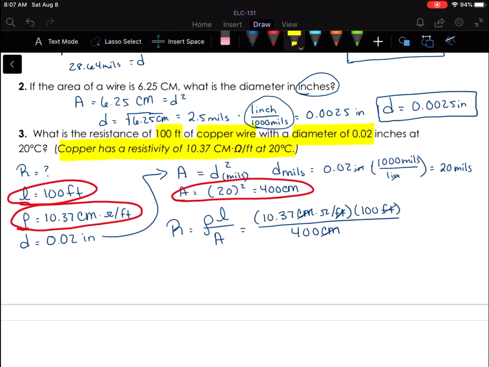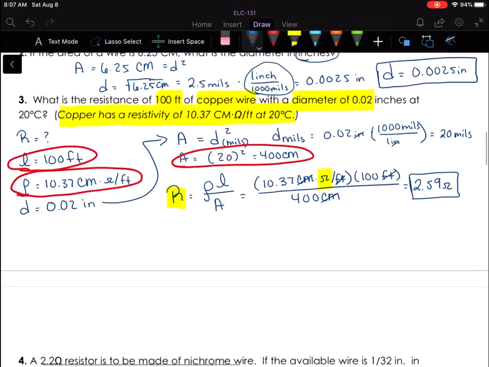So our answer is actually going to be in ohms, which is the unit of resistance. So when we multiply 10.37 by 100 and then divide by 400, we get 2.59 ohms. And that is the resistance of 100 feet of copper wire with a diameter of 0.02 inches.